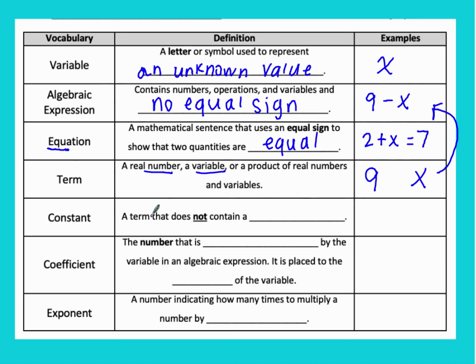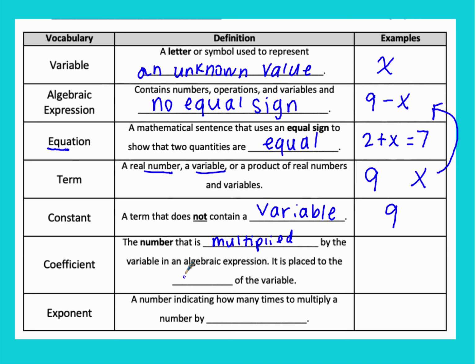Now a constant is a term that does not contain a variable. Looking back at our example, 9 minus x, the only constant there is 9. So it's a real number and it does not contain a variable. A coefficient, though, is a number that is multiplied by the variable in an algebraic expression.